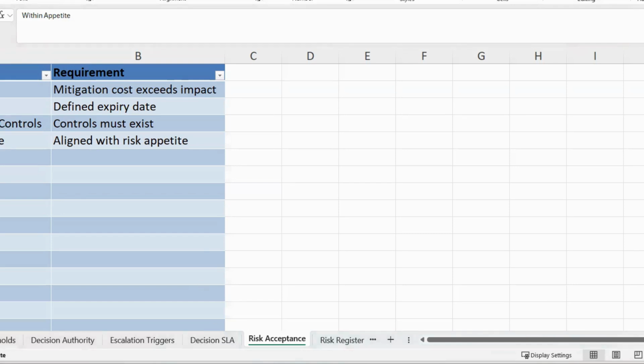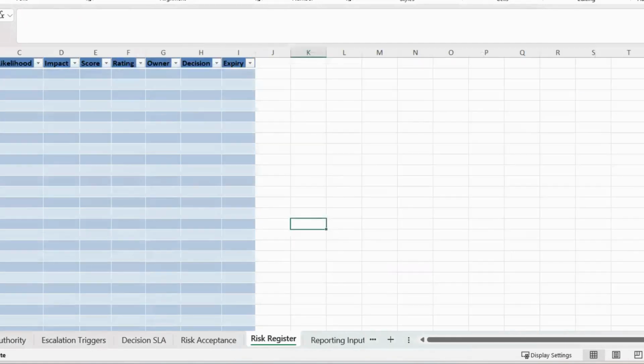And of course, you define your mandatory documentation, where every risk acceptance must include, for example, your risk description and the score. So if we look at our risk register, the mandatory documentation, the necessary defining or reporting and oversight.